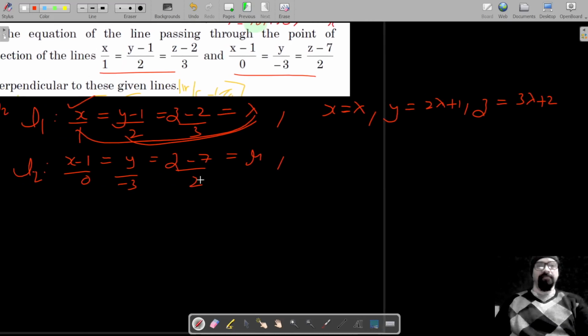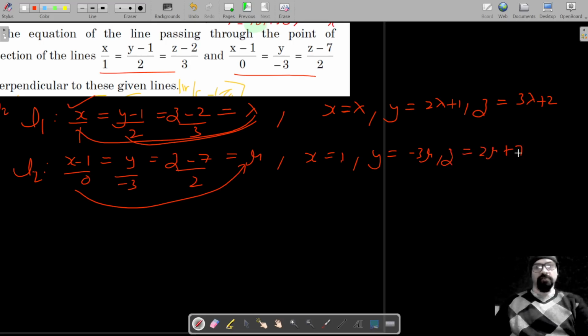Similarly, for L2, x is equal to 1, y is equal to negative 3 mu, and z is equal to 2 mu plus 7.